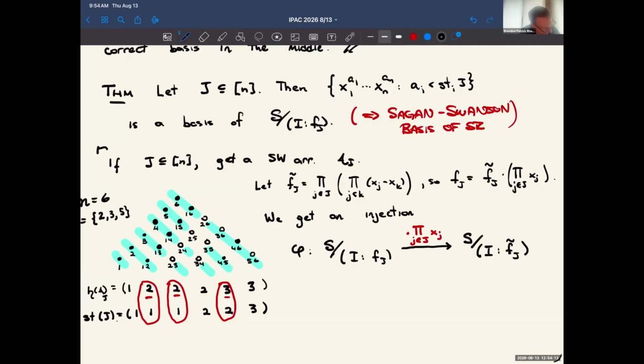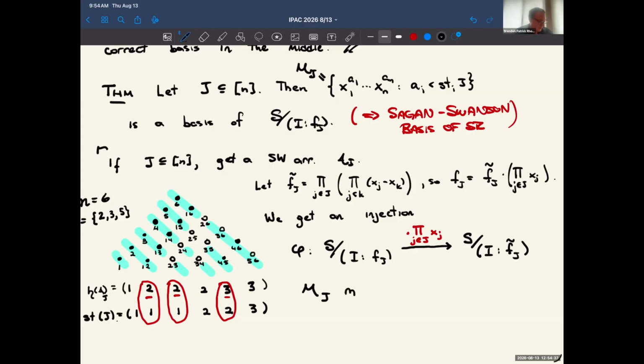And well, here's the deal. So we were calling this fellow MJ. And MJ, the stuff that lives below the J staircase, if I multiply by the product of all variables indexed by J, well, the H vector was exactly, very conveniently, 1 bigger in those positions.